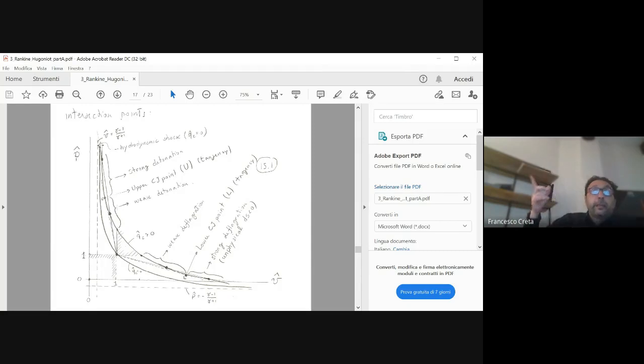So PU over PB and so on. So you're going to recover the burnt side quantities, PB and rho B, so the pressure downstream of the shock and the density downstream of the shock. And we're going to recover essentially the Rankine-Hugoniot jump relations, which you may or may not have seen.